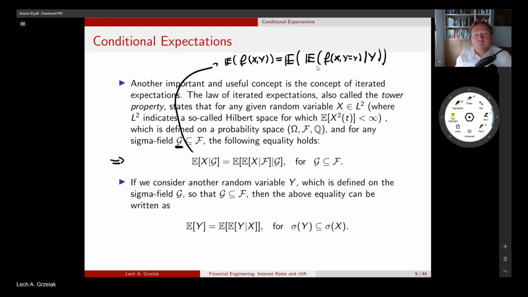Because we have used the tower property of expectation, essentially this means that this inner expectation we can solve, because in this expression Y is deterministic for a given Y. So because we condition on the whole random variable, we look at a particular realization of Y, and then this conditional expectation is basically a function only of X.